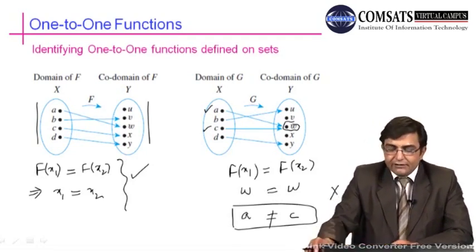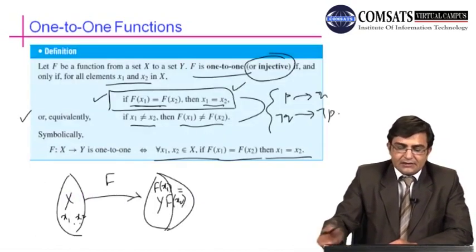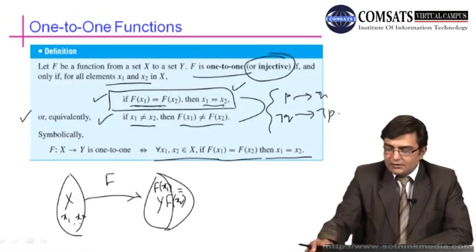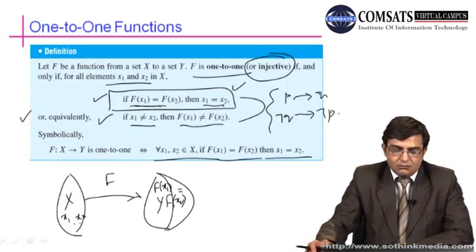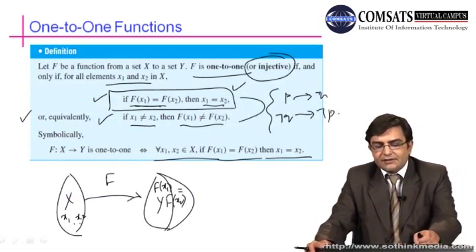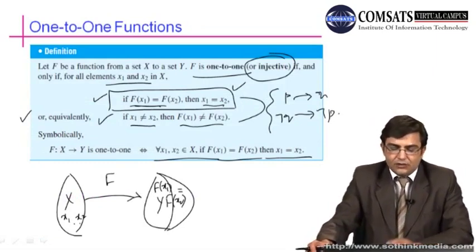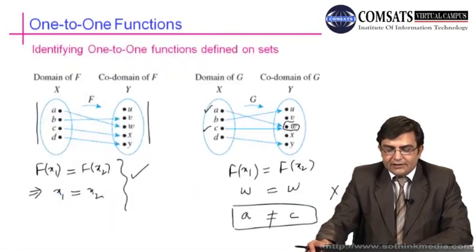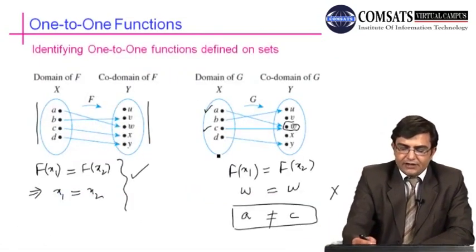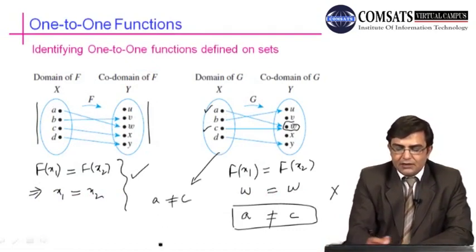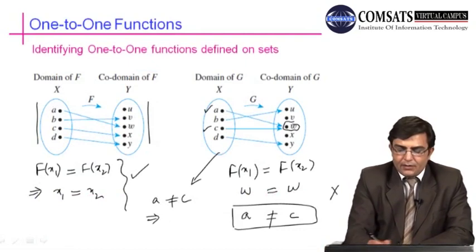Or alternatively, as we have seen in the second statement here, we can define this condition equivalently as this. We can verify this also in this case. If we take A different from C, does this imply f of A is different from f of C?